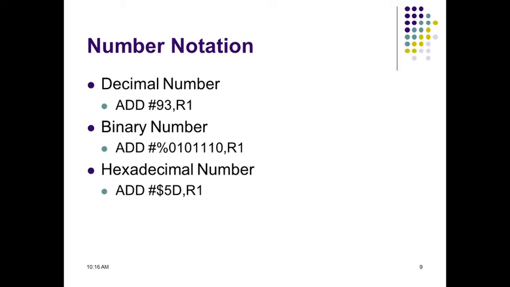If this value is to be used as an immediate operand, then it can be given as a decimal number in the instruction like this: add #93, r1. #93 is an immediate operand.